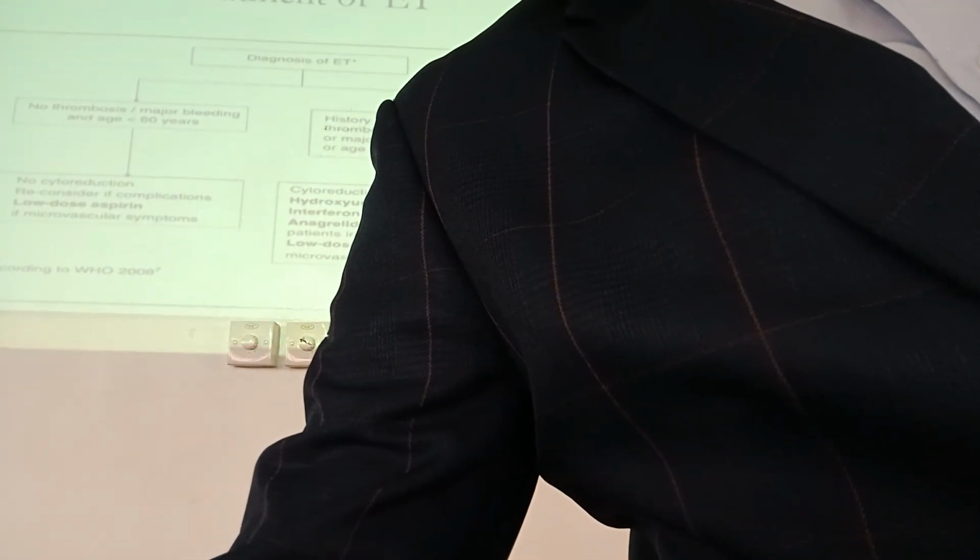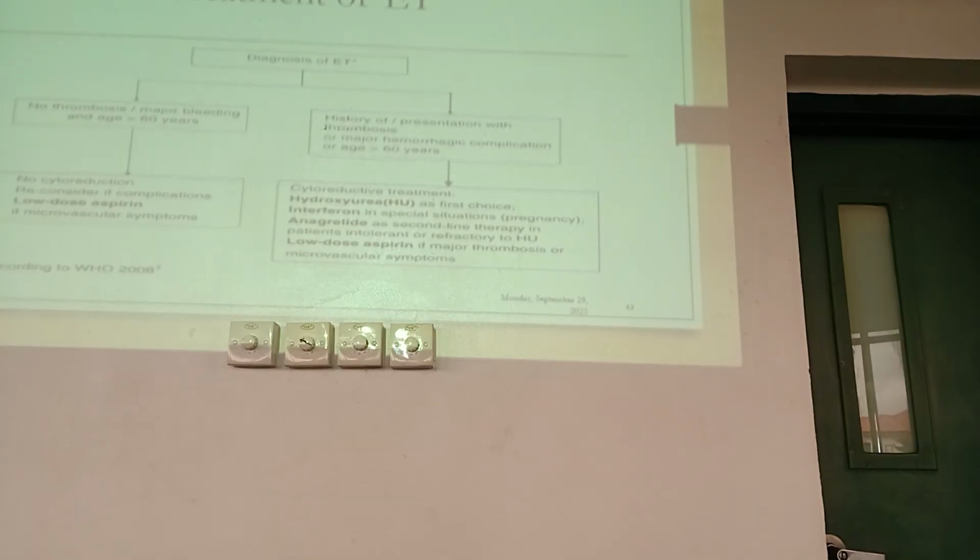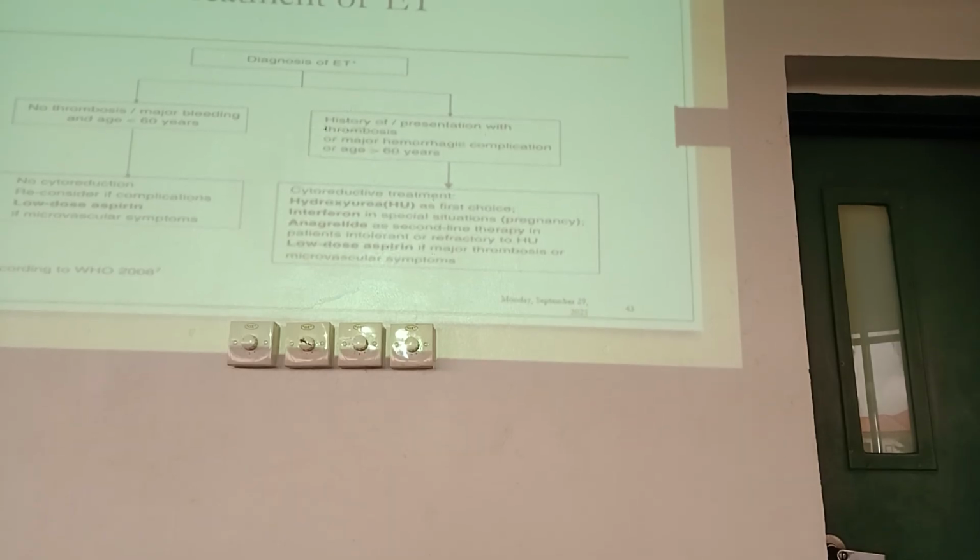So how do you treat? There is the WHO guideline you can use, depending on whether the person is less than 60 years or older than 60 years, and whether there is an associated complication, because platelet elevation can cause vaso-occlusive crisis, just like in sickle cell, or hemorrhagic crisis.